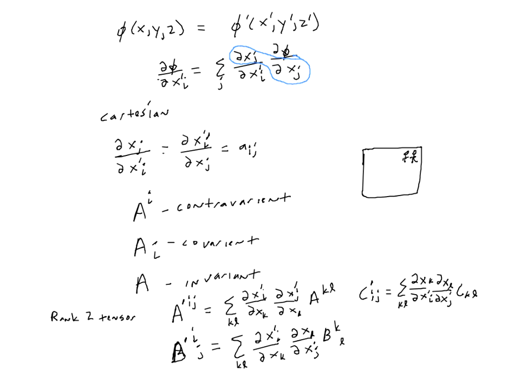So all that really affects is the number of dimensions. So to put it another way, rank equates to the number of indices, which equates to the number of partial derivatives that you need for the transformation.